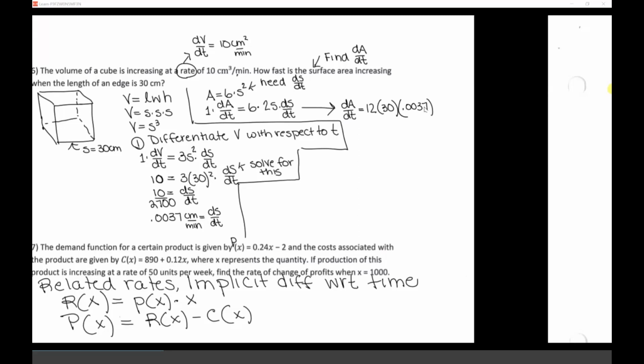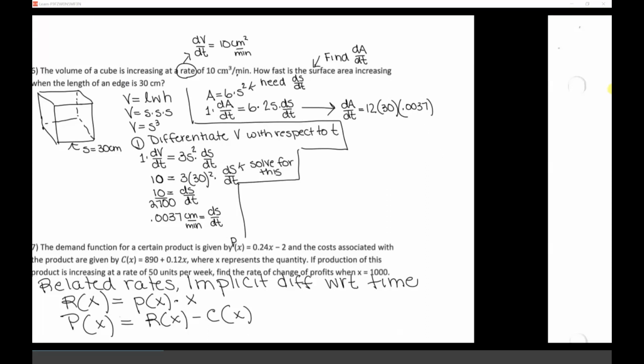Centimeters times centimeters per minute is squared centimeters per minute, which is an area rate of change. I'm just showing you how, even though I'm not writing in the units, they help you solve the problem and make sure you've got the units you want for your answer. An area rate of change is in square centimeters per minute.